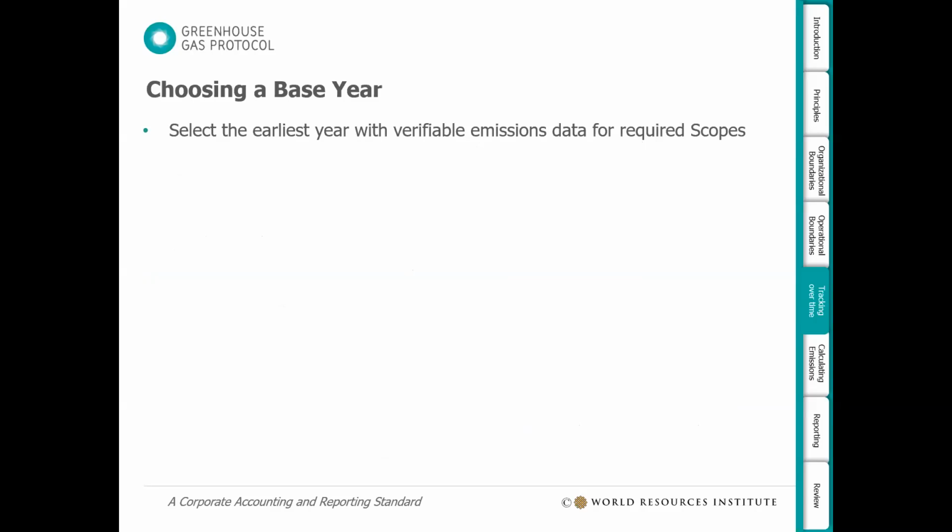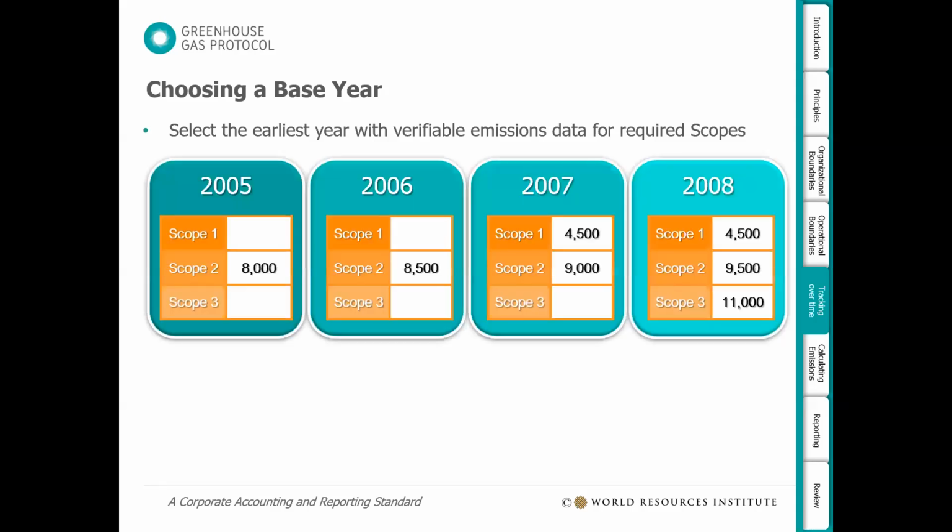In terms of choosing a base year, we would recommend that a company select as the base year the earliest year for which verifiable data are available for the required scopes, that is for scopes 1 and 2. So in this example, a company only has scope 2 data for years 2005 and 2006, and so would not select either of these years as the base year.